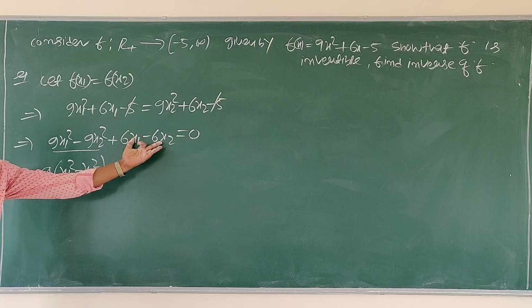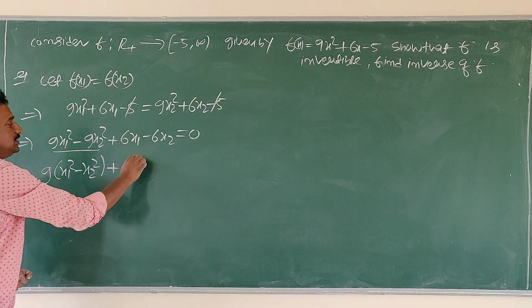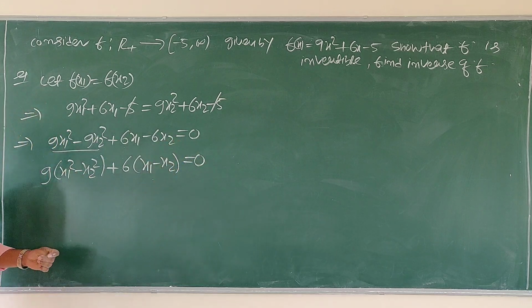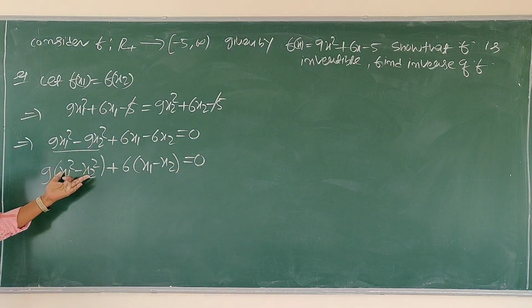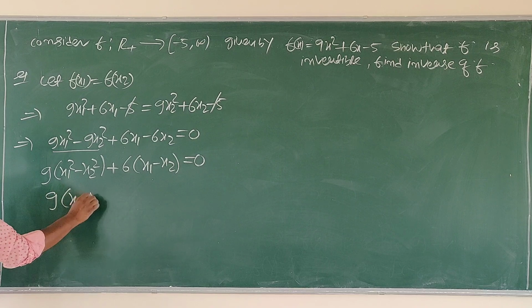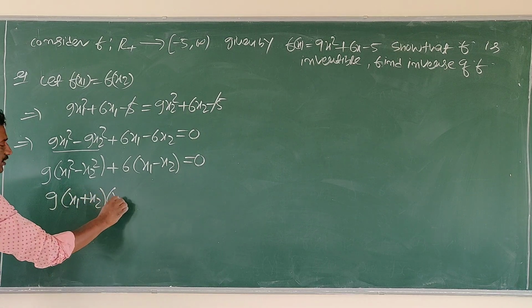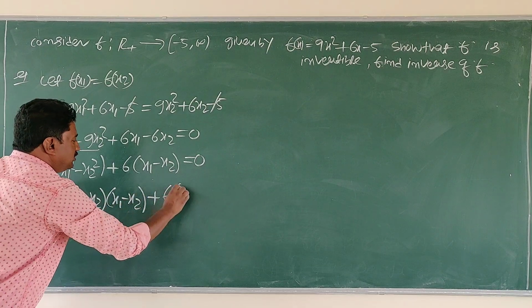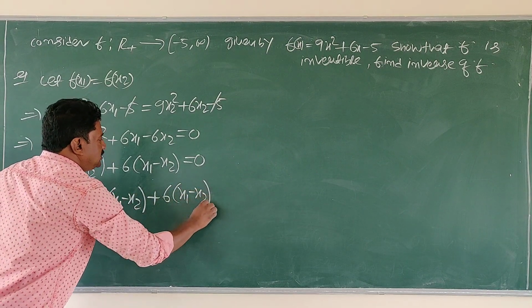Common from these two is 6: x1 minus x2, equals 0. You see this, students, a square minus b square. What is a square minus b square? It is (a plus b) into (a minus b). So 9 into (x1 plus x2) into (x1 minus x2) plus 6 into (x1 minus x2).